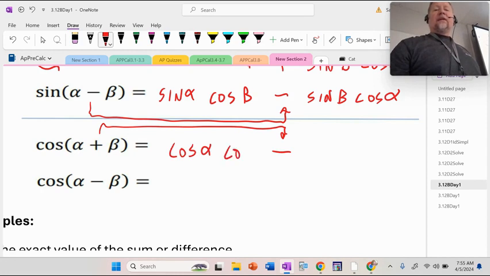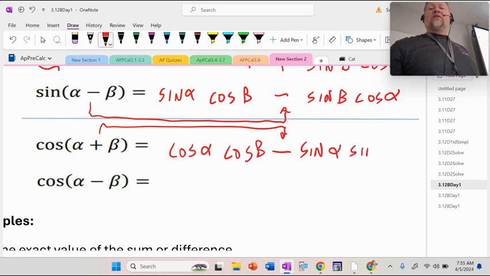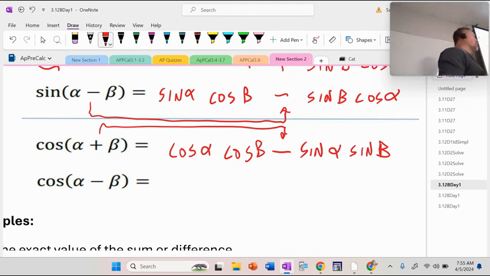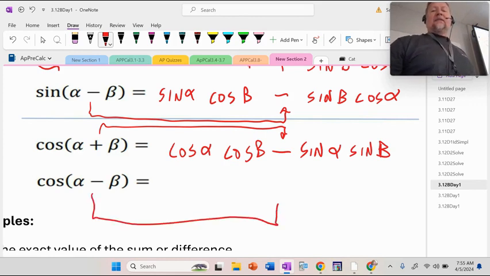Cosine is cosine, cosine, sine, sine. Again, here it is: these are the identities that are true. We're not going to derive them, we are going to memorize them. And for cosine, the signs are different, and it's the same exact structure.